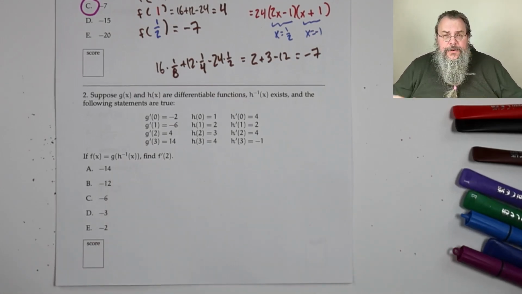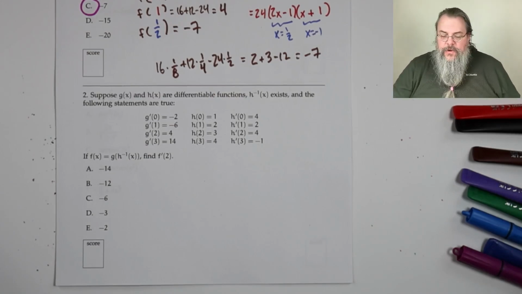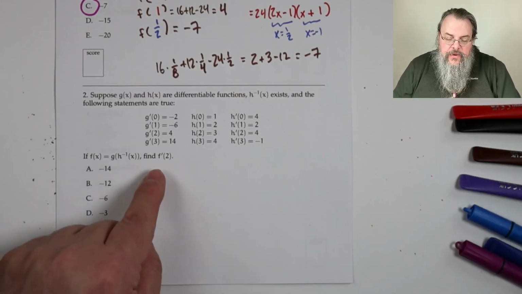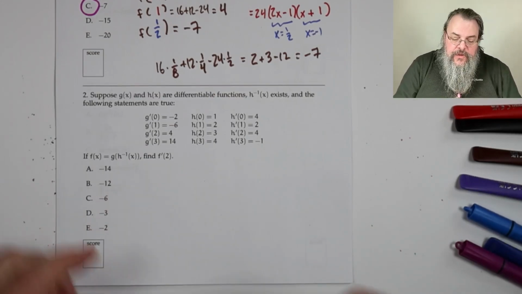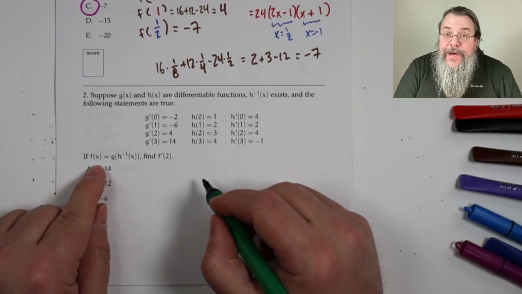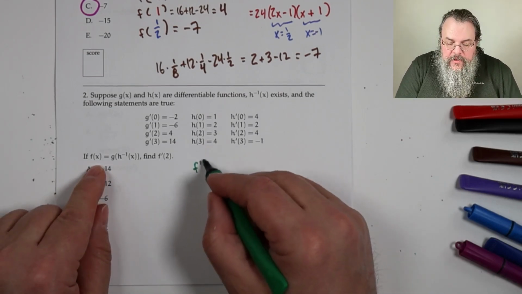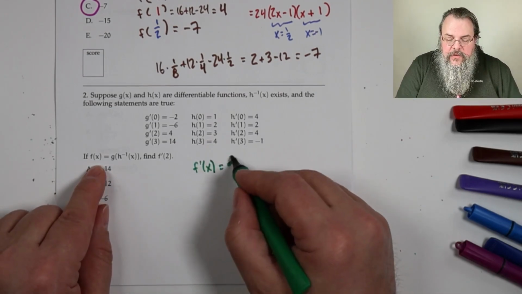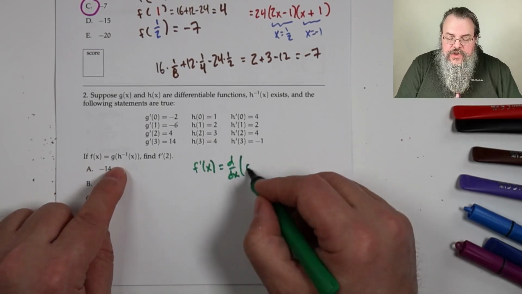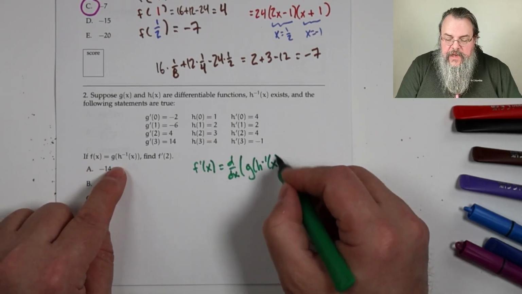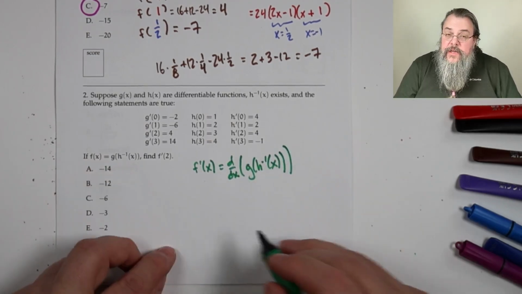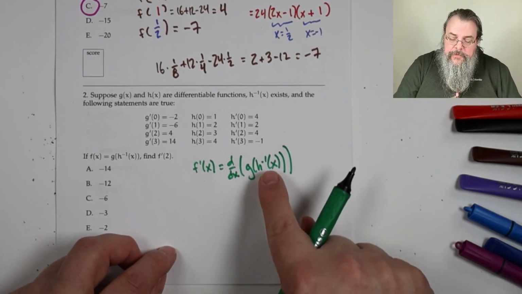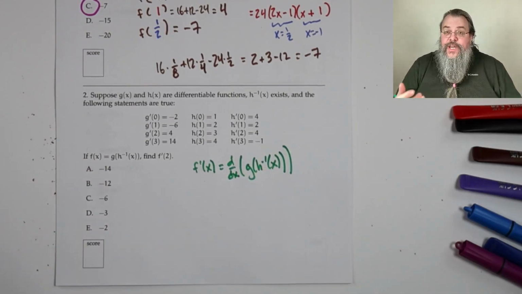All right, so now we're going to try to dig in and say what's going on here. So we want f prime of 2. So let's find f prime of x. What is f prime of x? That's the derivative of g of h inverse of x. Let's start digging into that. We have a function in a function. Chain rule.